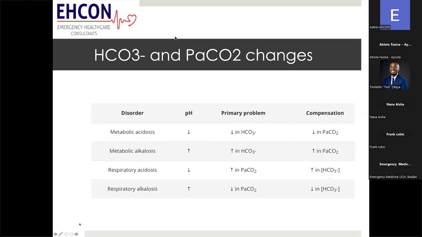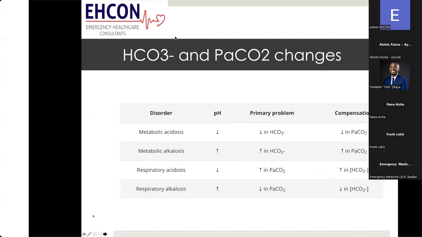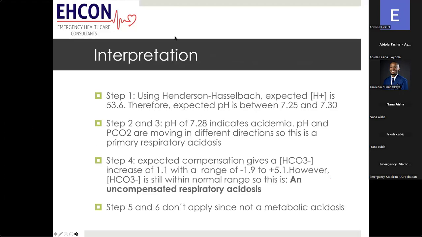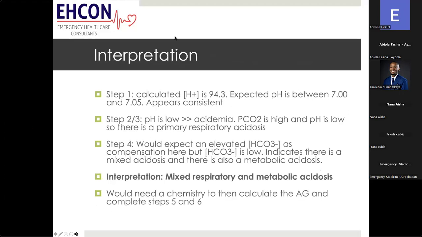So we can have a mixed disorder here. Sorry, I kind of closed out of my PowerPoint. We have a respiratory acidosis, and then we actually also have a metabolic acidosis as well. So it's a mixed picture.